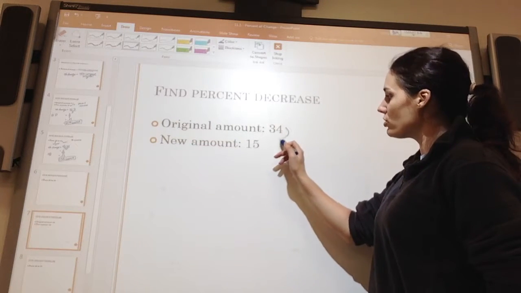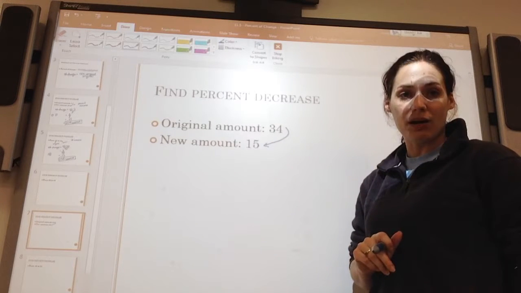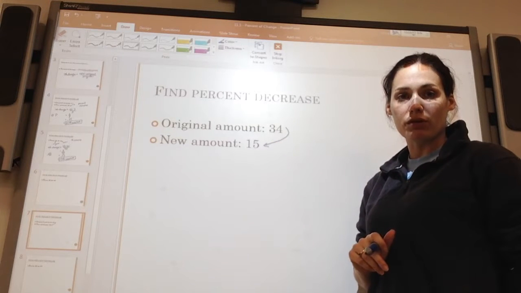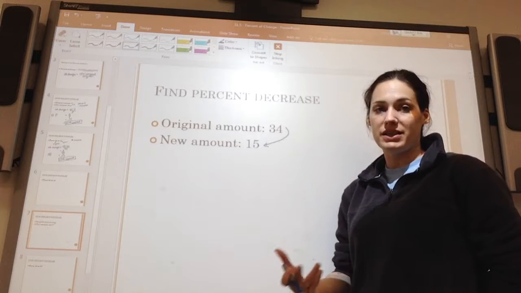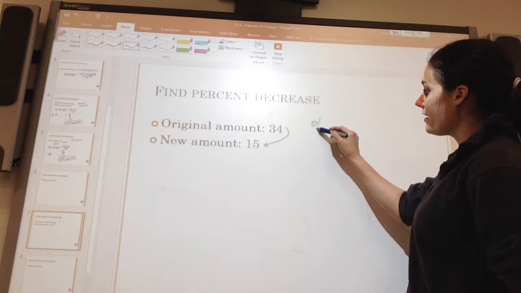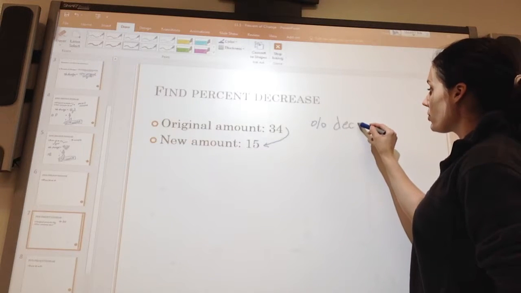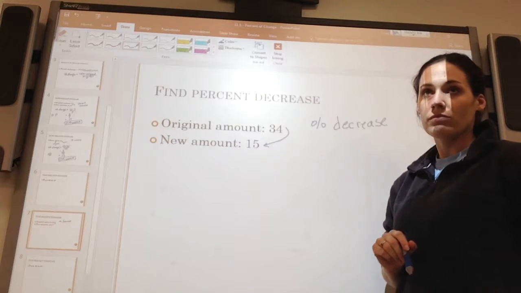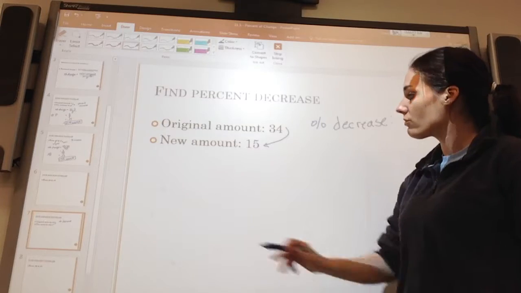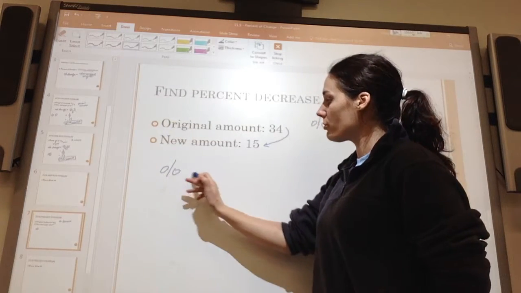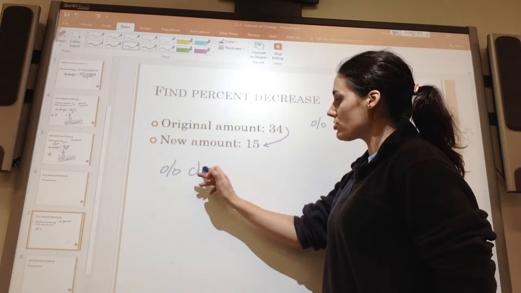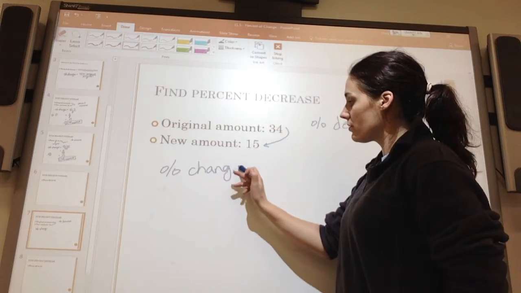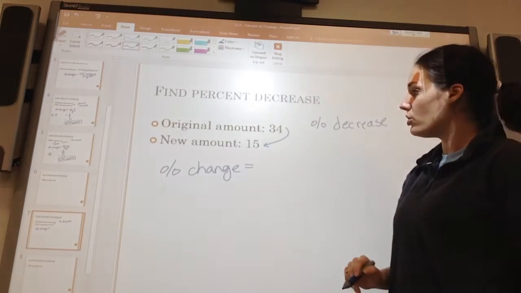So from the original to the new, it went down, which is different than the other problems that we were looking at. It didn't increase in value, it decreased in value. So in the end, this is going to be a percent decrease. So let's use our formula. Percent change equals new minus original.